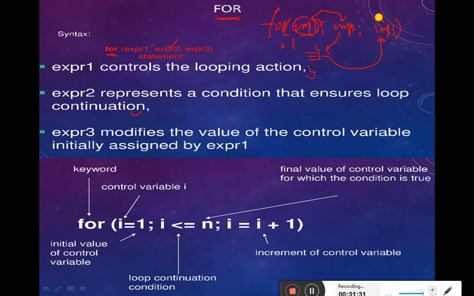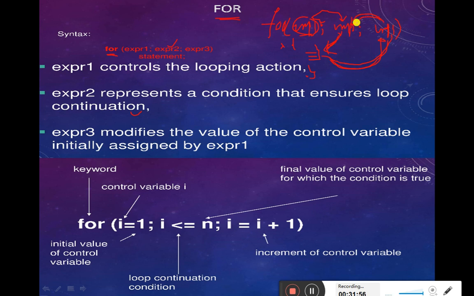Then we will come back to the condition test again, expression 2. If this is true, again we go for executing the body, then expression 3, then condition test, and so on.